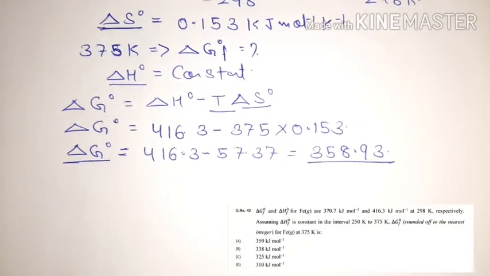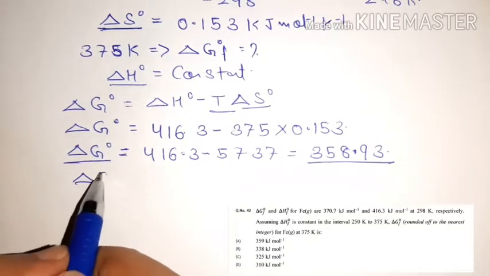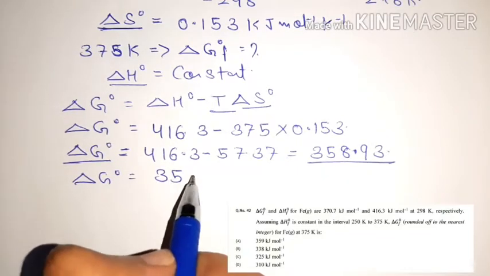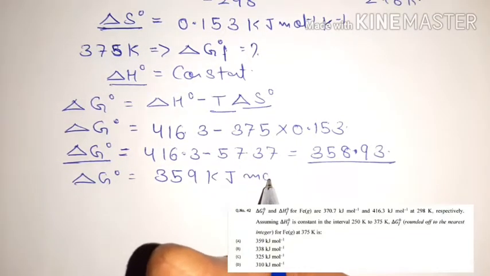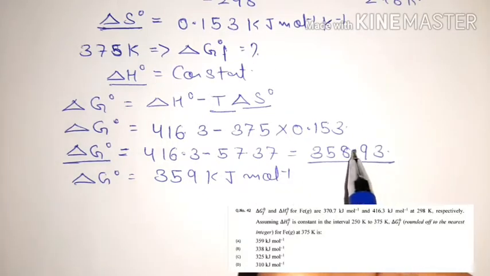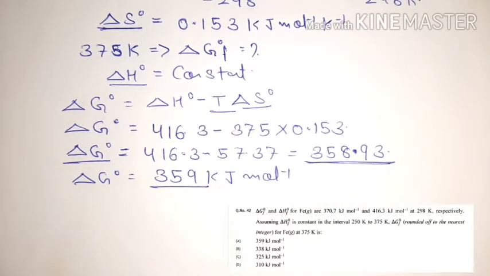But you have 4 options and you should find the value of delta G naught rounded off to the nearest integer. So the nearest integer of 358.93 according to your options is 359 kilojoule per mole. So the value of delta G naught is 359 kilojoule per mole. That is your option number A. So this is the solution of this question.